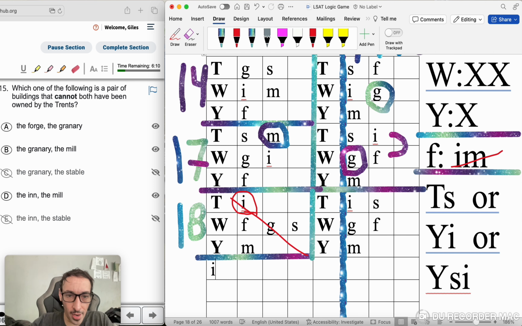So I'm going to put I and M here with the letters T and Y. Let me see if I can use this game board right here.